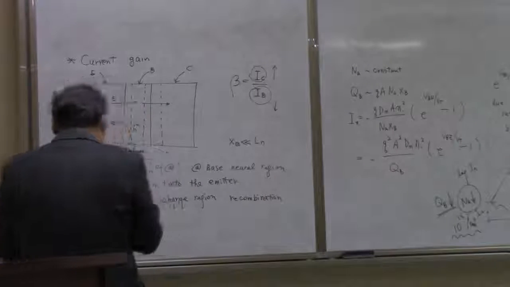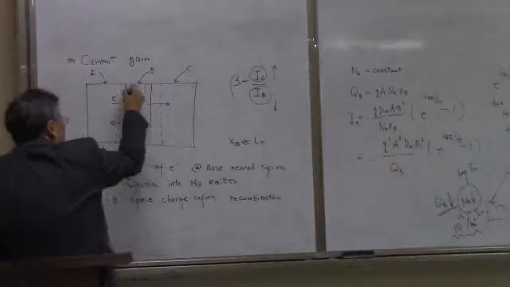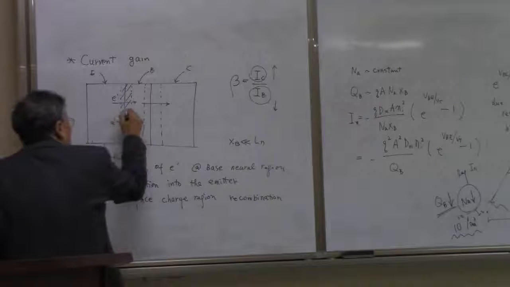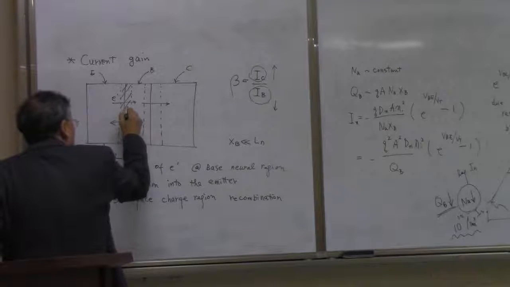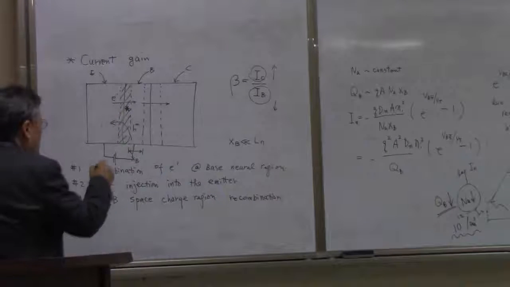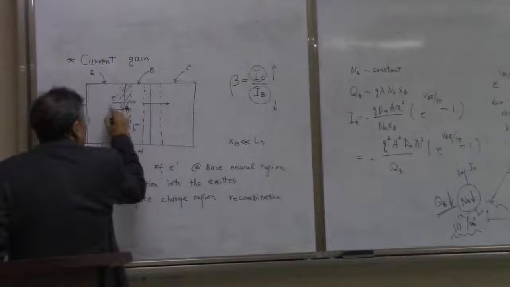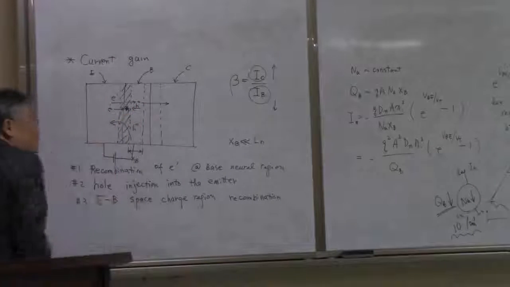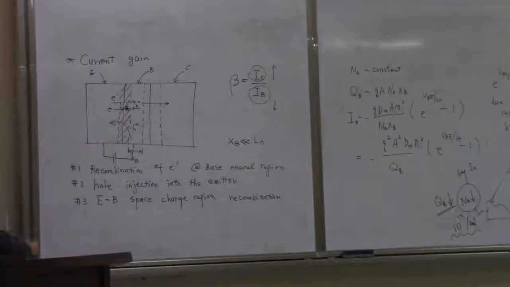That means at this space charge region, electrons and holes are going to be recombined. The electrons and holes are going to be combined at this space charge region.